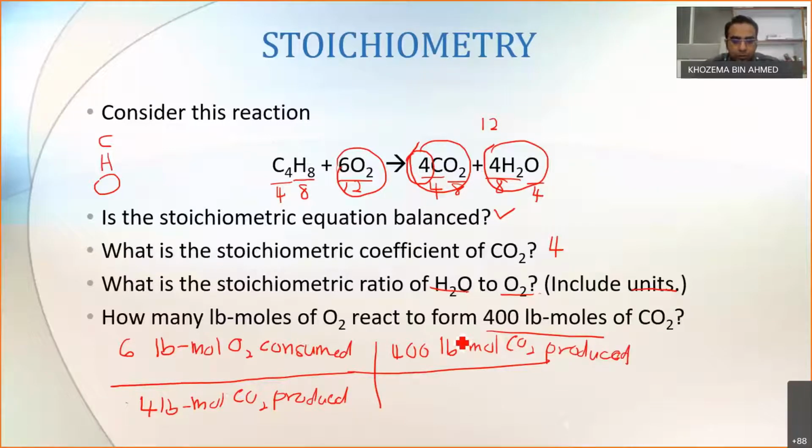So this unit will cancel out with this unit, and then 4 cancels out with 4, I get 100, and I'll get the value of 600 pound mole of O2 must be consumed. So that is how you use your stoichiometric ratio. After this, when we are doing mass balance equations, you will do a lot of this stoichiometric ratio.